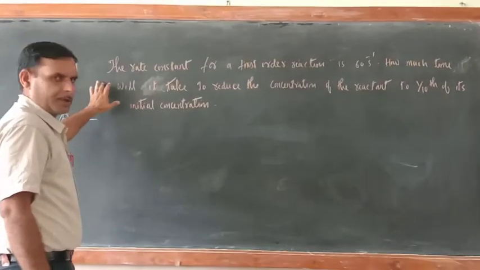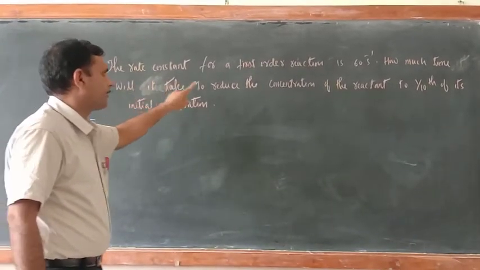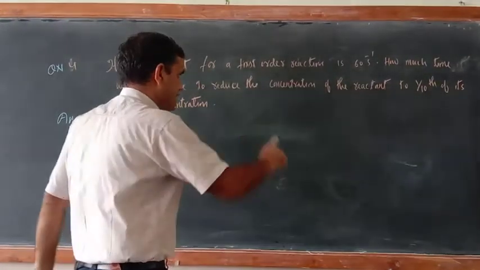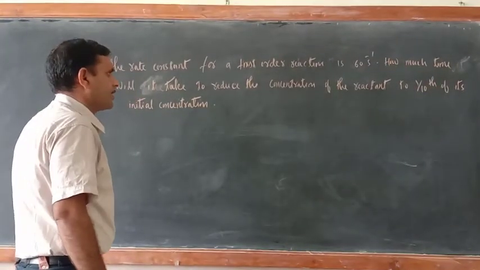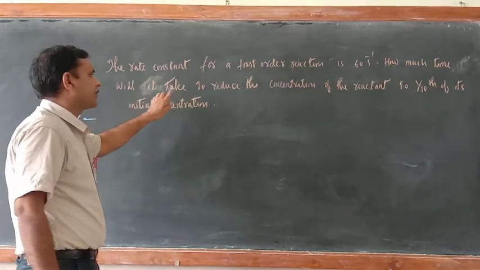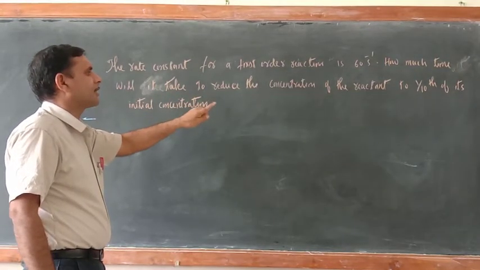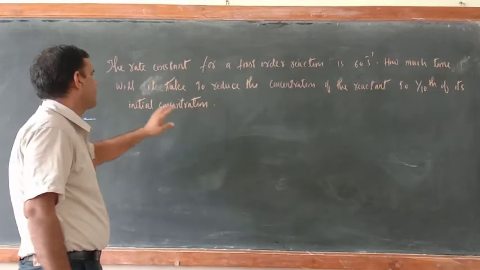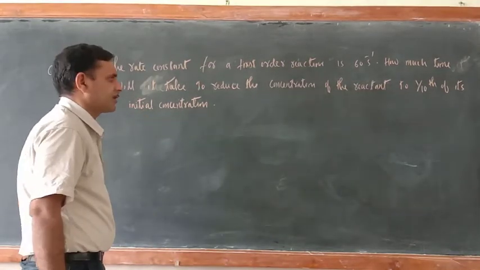Now question number 4. The rate constant for a first order reaction is 60 second inverse. How much time will it take to reduce the concentration of the reactant to 1/10 of its initial concentration?